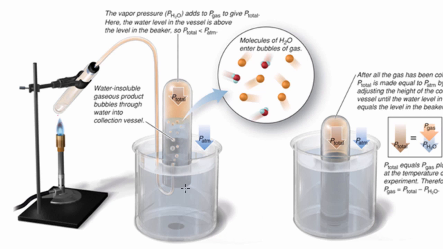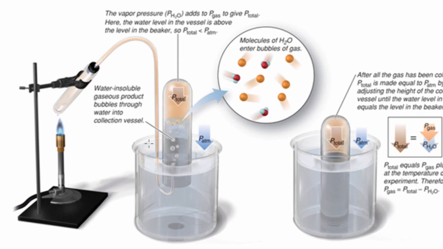And so what we do is invert this tube into some water, all right? And basically that water insoluble gas product will bubble through the water into this tube here. So fine, we can measure the pressure, but remember, we're also going to have some water vapor in this tube as well.